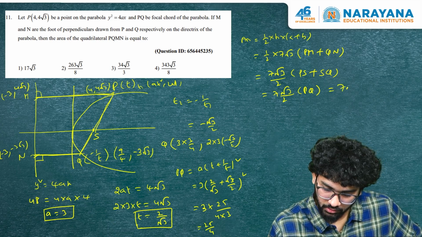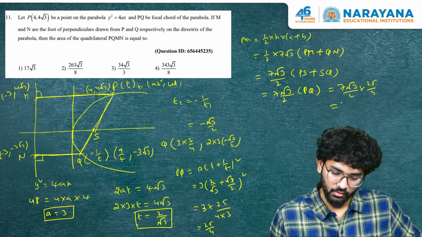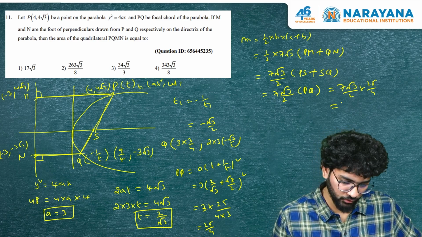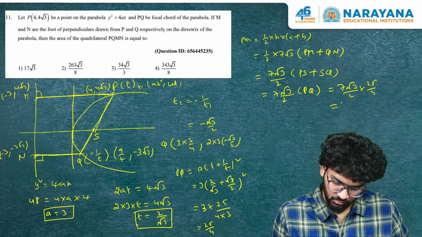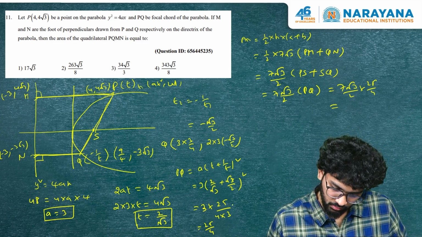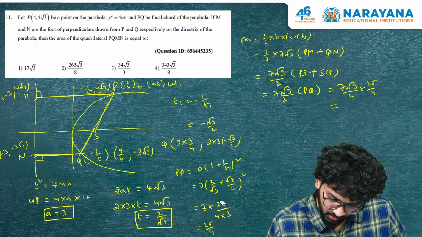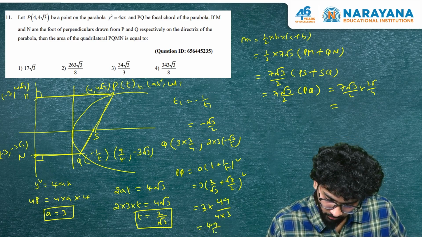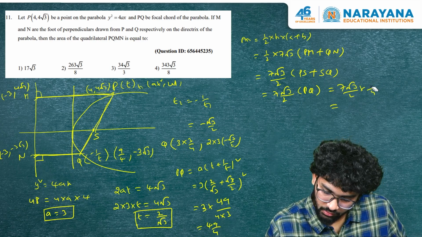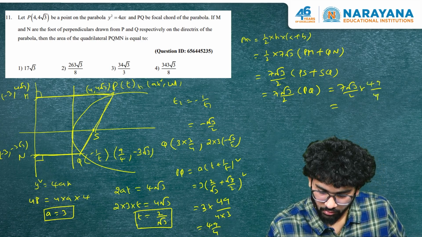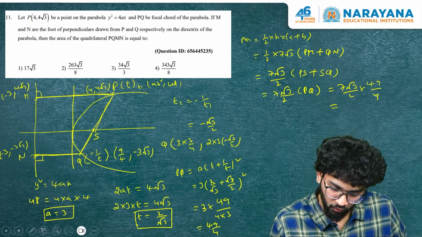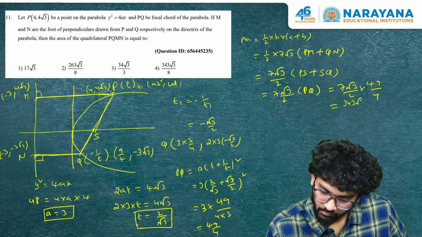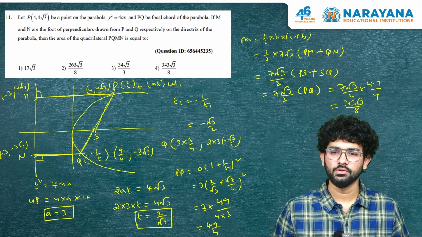So this is equal to 7 root 3 by 2 into 49 by 4. So 49 into 7 will be 343 root 3 by 8. This is the answer.